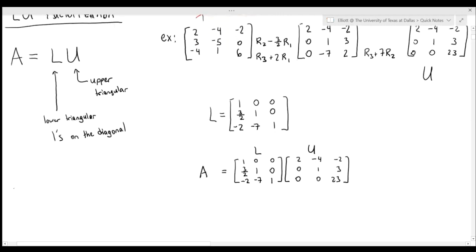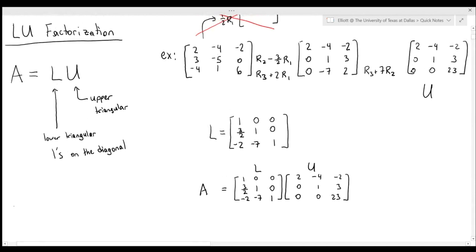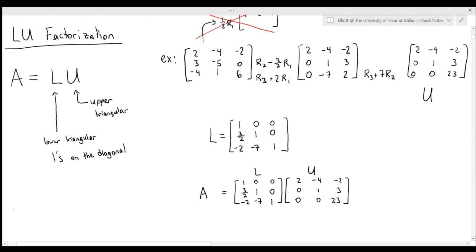Now let's see here. Real quickly about the reason why you change the sign of these numbers when you put them into the matrix L. If you go back to the example that I did at the very end last time, we get the matrix L by multiplying the inverses of these elementary matrices together.